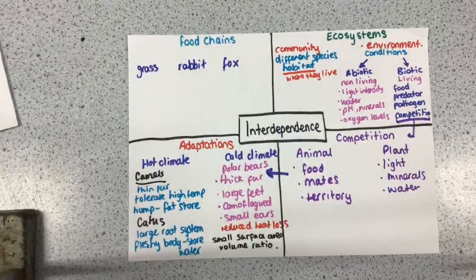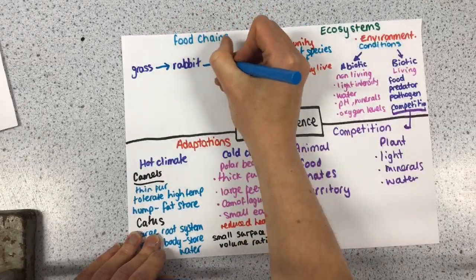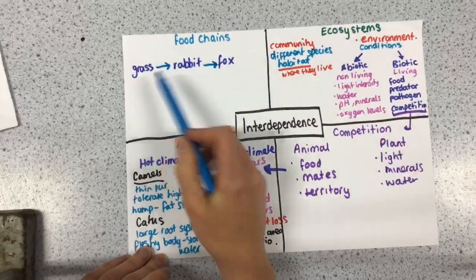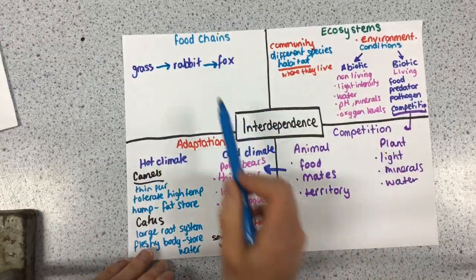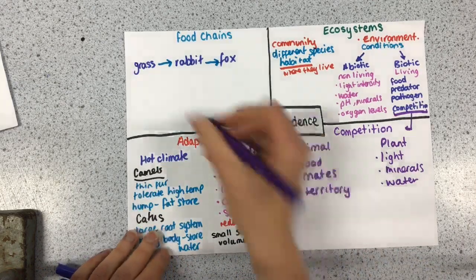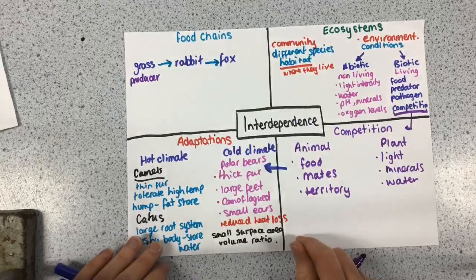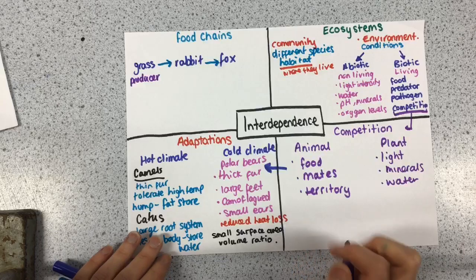Now, in food chains, we're looking at the energy. The arrows represent the energy transferring from one organism to the next. It's not who eats who, it's where the energy goes. Now, we also have some key terms in this as well. So the grass is a producer, as it produces its own food, another link here to photosynthesis.